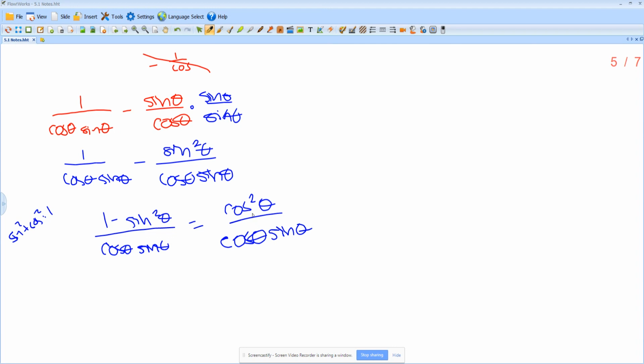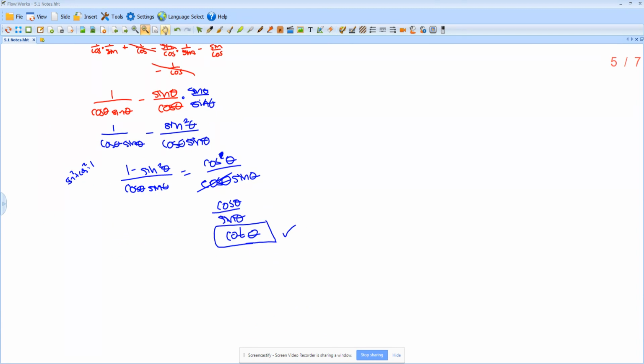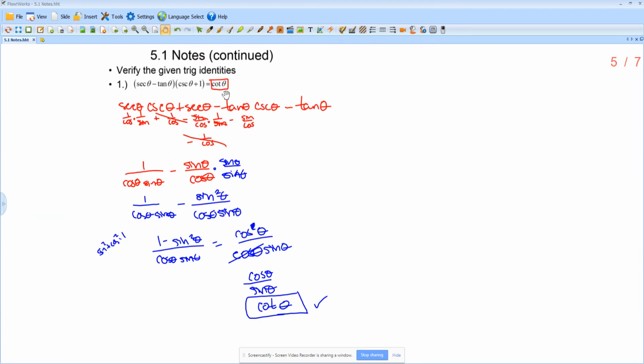Now my cosine squared over cosine can cancel. So I'm left with just cosine theta over sine theta, which gives me cotangent theta. Which is great because, as you can see, that is what I was supposed to get. And that's how I know I'm going to stop there.